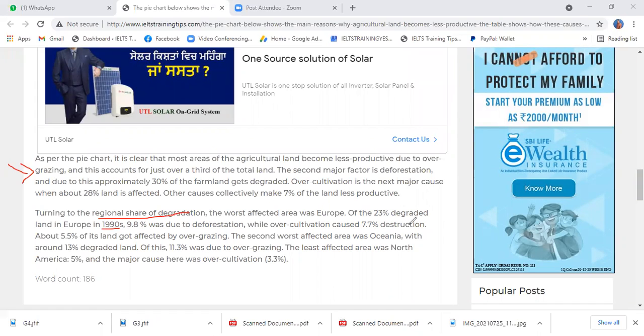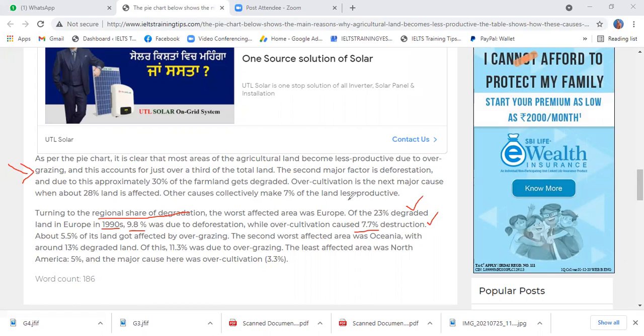Of the 23% degraded land in Europe in the 1990s, 9.8% was due to deforestation, while overcultivation caused 7.7%. See, for degradation, the word changes: degraded, destruction.